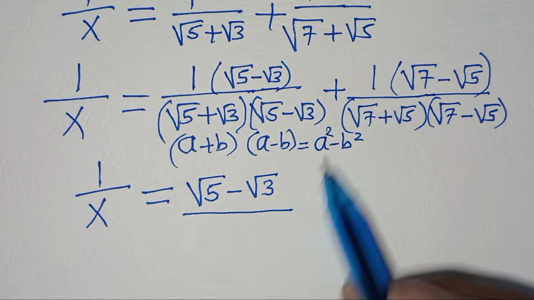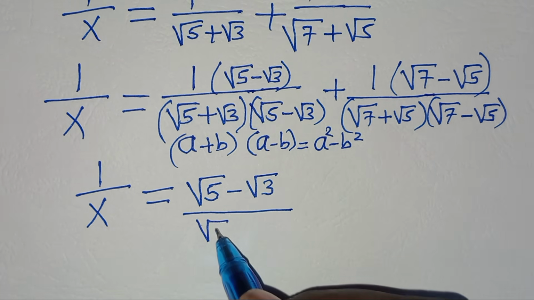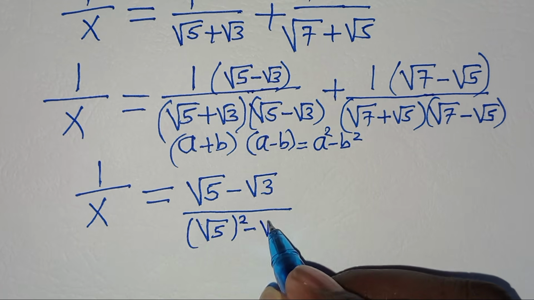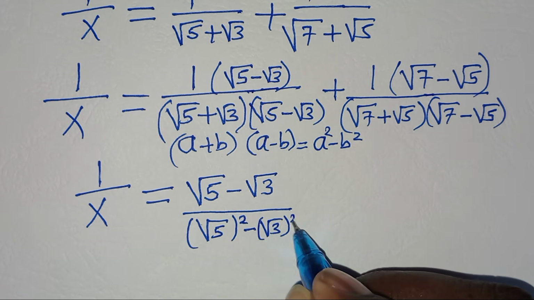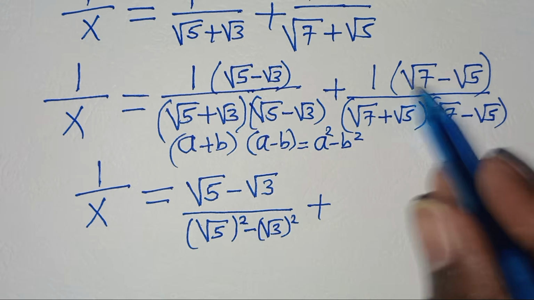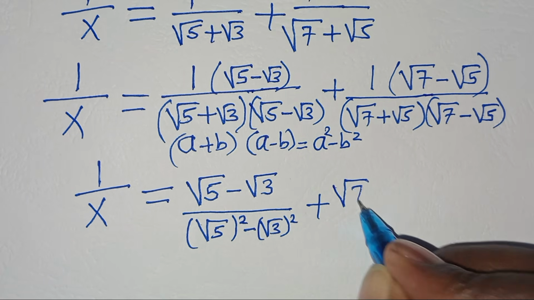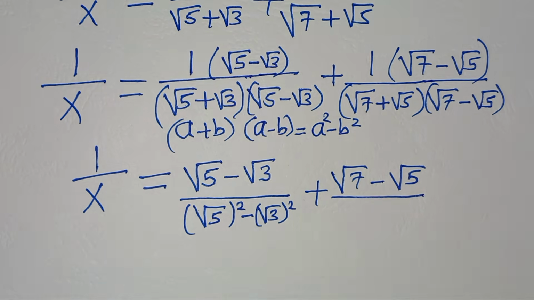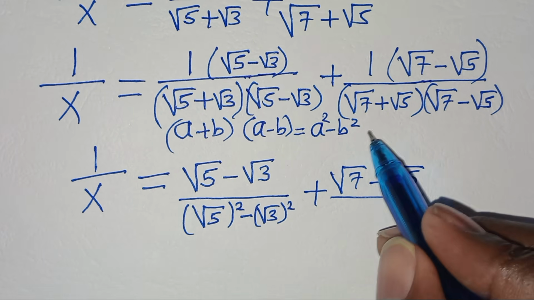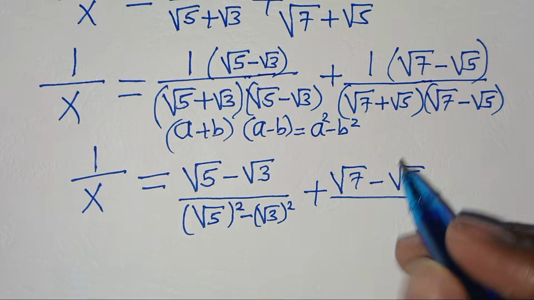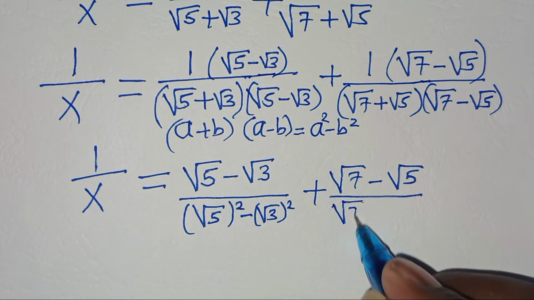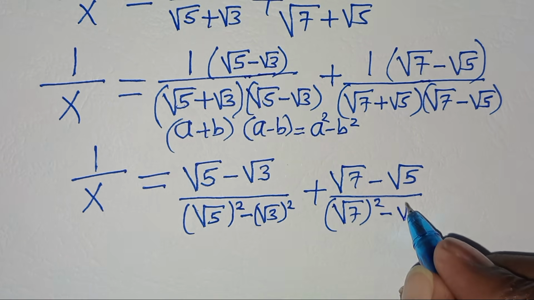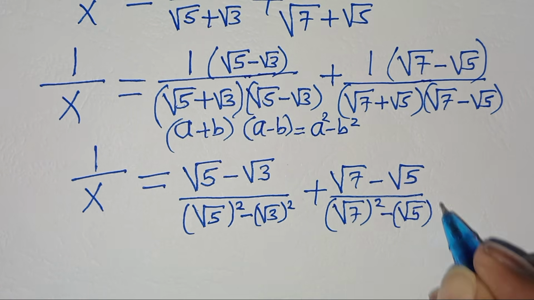So here we have the square root of 5 raised to the power of 2 minus the square root of 3 raised to the power of 2, then plus, in the numerator, the square root of 7 minus the square root of 5, divided by the same case: the difference of two perfect squares, so that we have the square root of 7 raised to the power of 2 minus the square root of 5 raised to the power of 2.